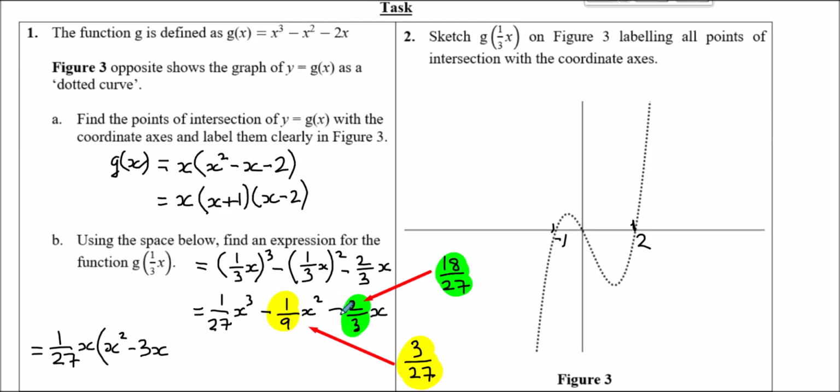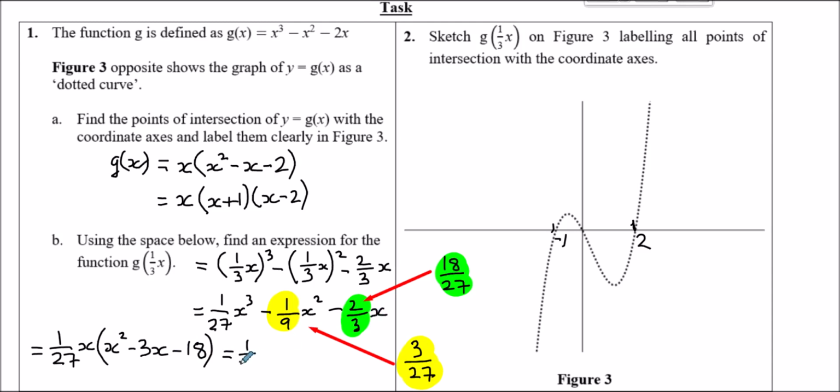And then we need to go minus 2/3 x, which is minus 18 over 27x. So we've got the x already. We don't need to multiply by an extra x. But to go from 1/27 to 18/27, we need to multiply this by 18. And again, the minus sign is needed because it's minus 2/3 x.